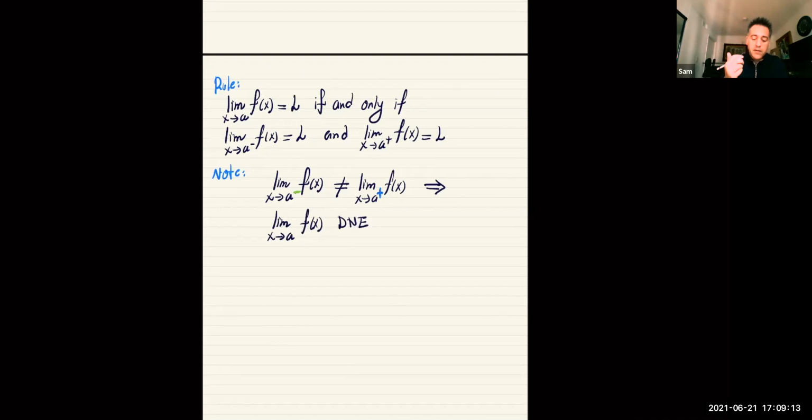So in order for the limit to exist, the double-sided limits must be equal.